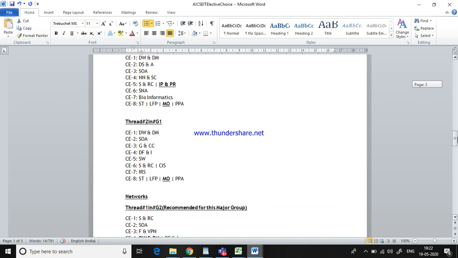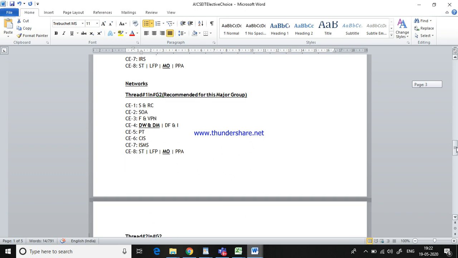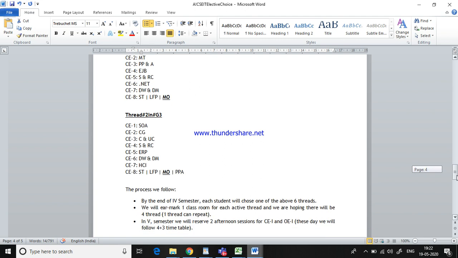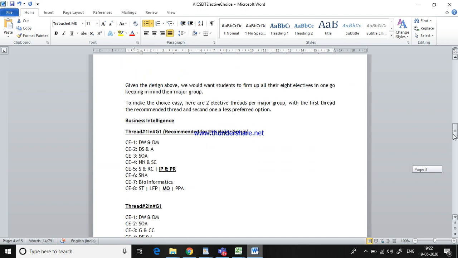Again we also have the enterprise architecture and systems, in which we have 2 threads. So the student can directly pick up one of the threads which has 8 core electives that are already selected for him.